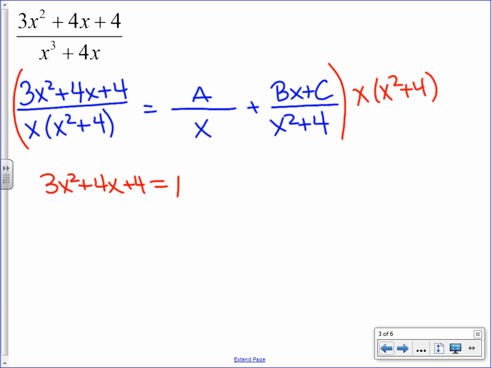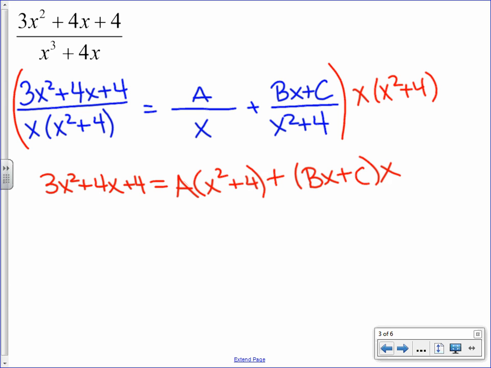What happens when you multiply a over x to the LCD? Plus, what happens when you multiply this one? Bx plus c. Make sure bx plus c goes in parentheses because that whole thing is being multiplied to x.